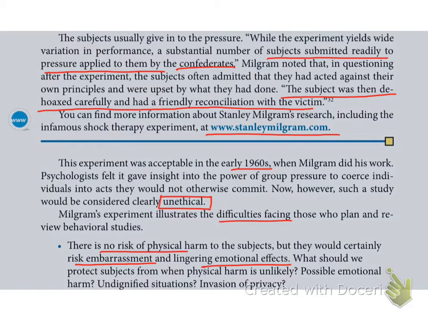Physical harm is not that likely, but there could be emotional harm, or invasion of privacy, or an undignified situation which the subject is not comfortable with, and may not have agreed to if he or she had known they were going to be the subject of this study.